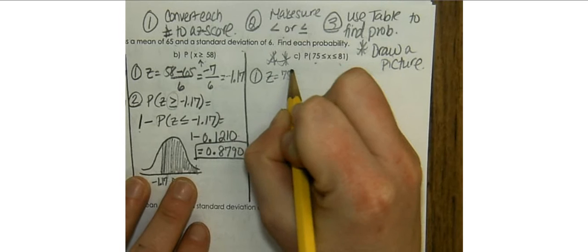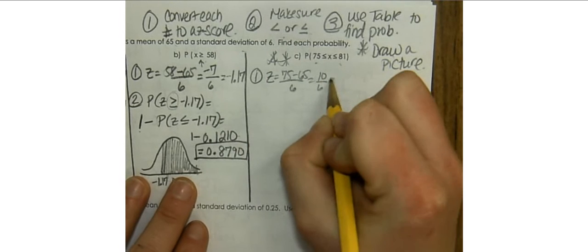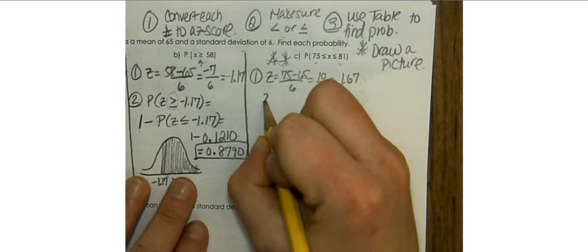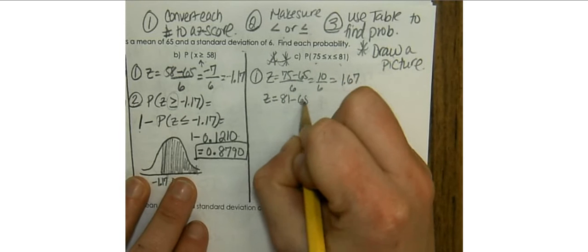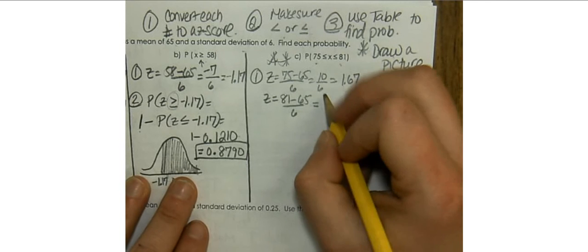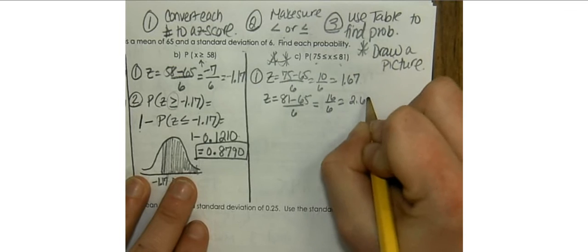I'm going to write z is equal to 75 minus 65 divided by 6, which is 10 over 6, which is 1.67. And I'm going to convert 81 to a z-score, so that z is equal to 81 minus 65 divided by 6. 81 minus 65 is 16, and 16 divided by 6, that is 2.67.